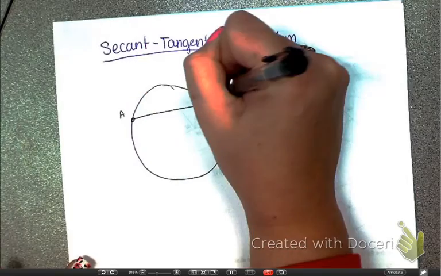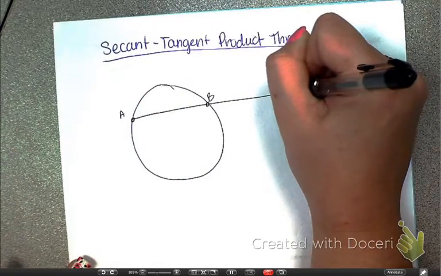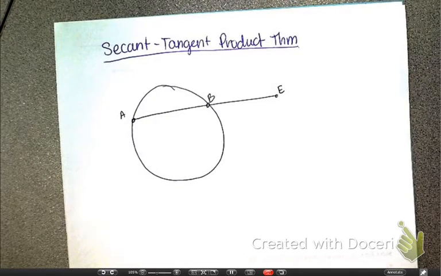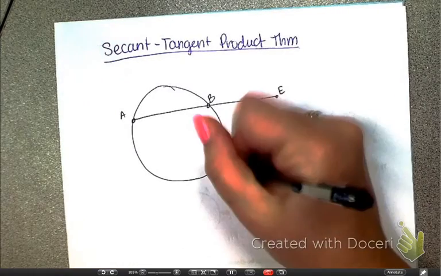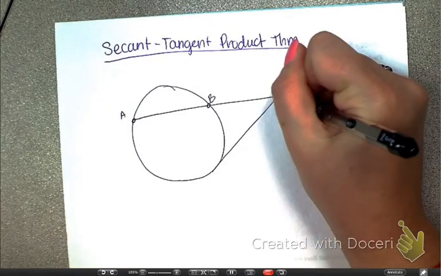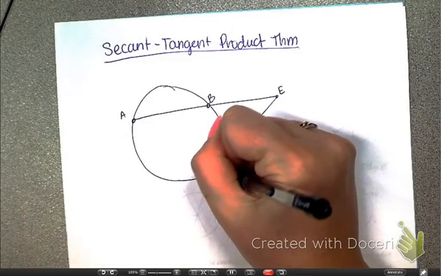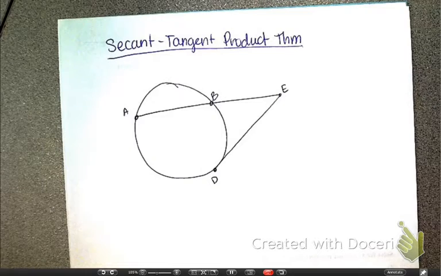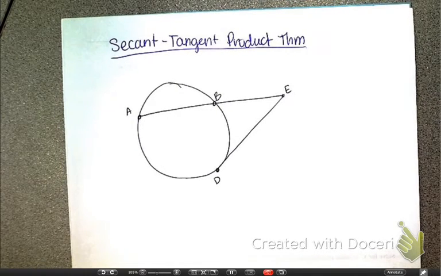What did I just draw? A secant, right? It touches the circle twice and it extends out past the circle. So that's my secant. What's that? A tangent, because it hits the circle once. Okay?